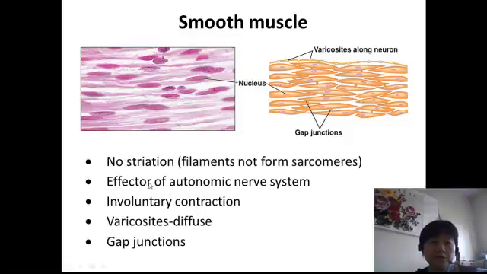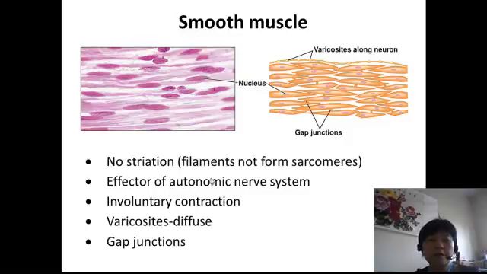Smooth muscles are also effectors of the nervous system, but they are effectors of the autonomic nervous system, not the somatic nervous system. That is, you don't know when the muscle is contracting, and you can't control it to contract or stop contracting.